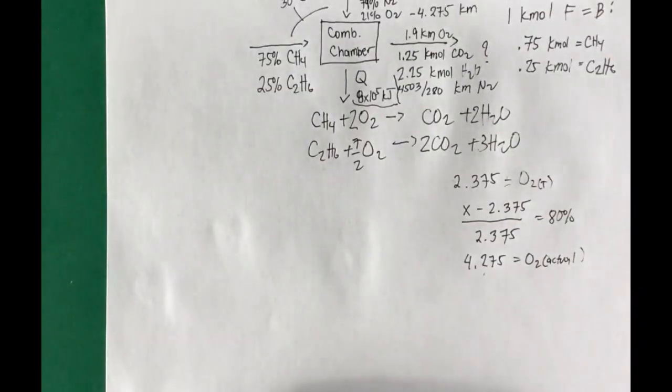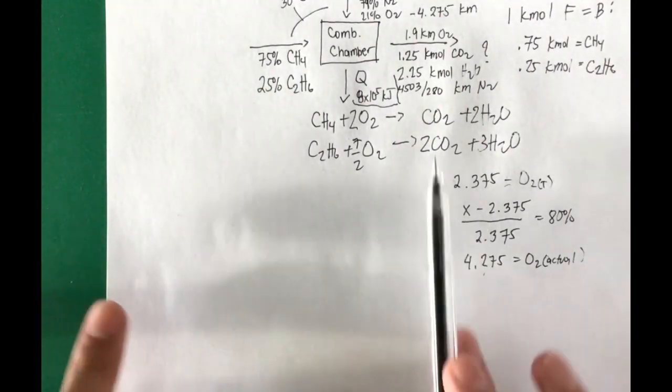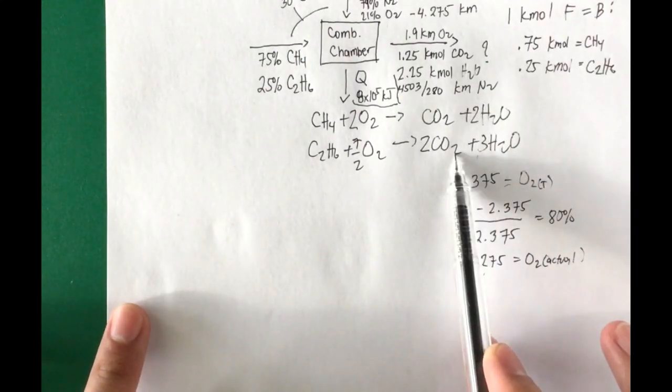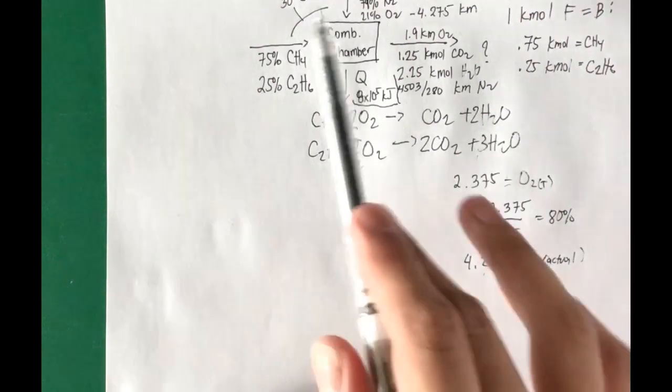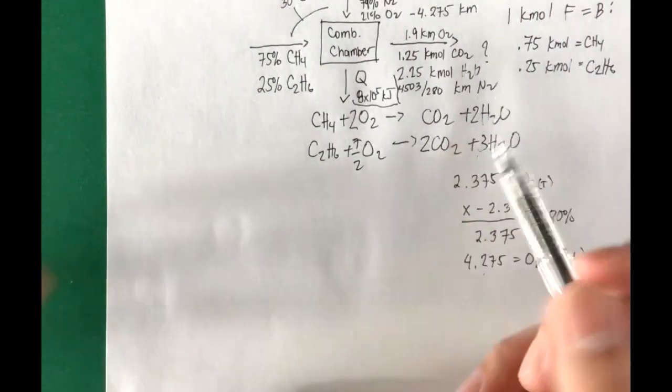Now, first of all, we have to determine the schematic diagram of how we're going to do things. So first, the best thing to do is, since these reactions will occur at 298.15 Kelvin or 25 degrees Celsius, we have to change this temperature to 25 degrees Celsius.